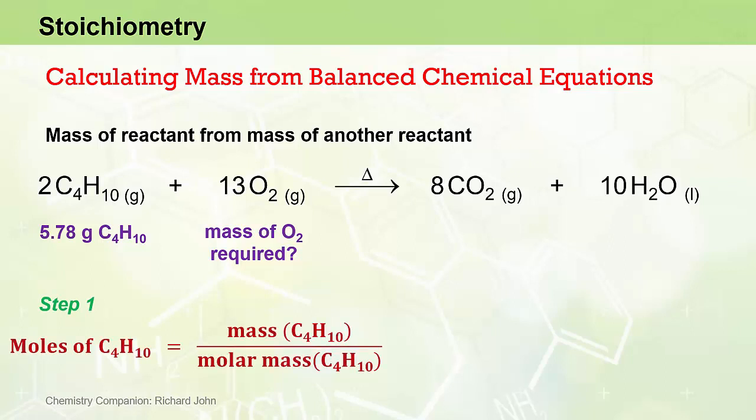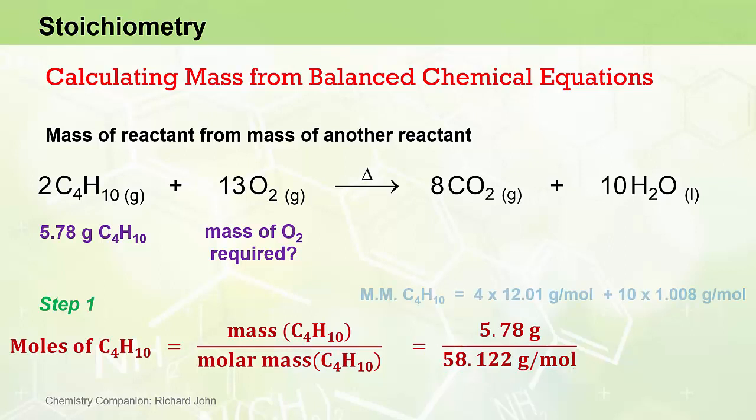Using the molar mass equation, we get the moles of butane equals the mass of butane divided by the molar mass of butane, which is equal to 5.78 grams, which is the information we've been given, divided by the molar mass of butane being 58.122 grams per mole, which we need to calculate separately by adding up the molar masses of the 4 carbon atoms and the 10 hydrogen atoms in the butane molecule.